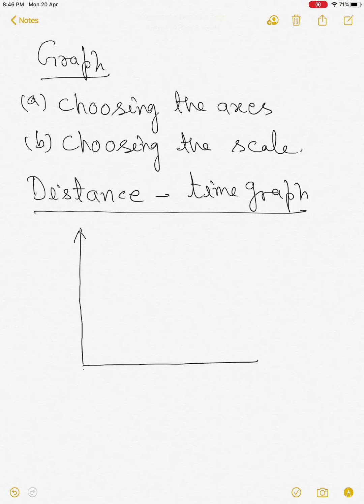On the y axis distance and on the x axis time. So the distance time graph of an object moving with a uniform speed is a straight line.